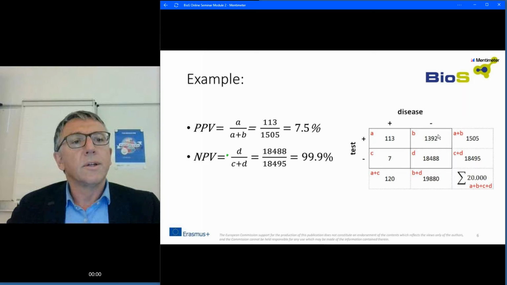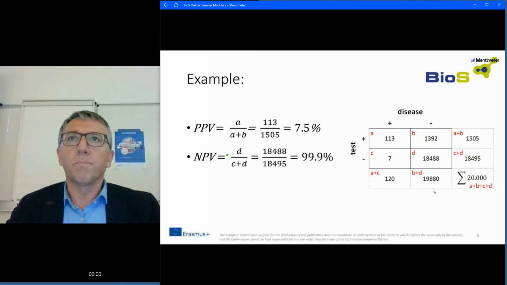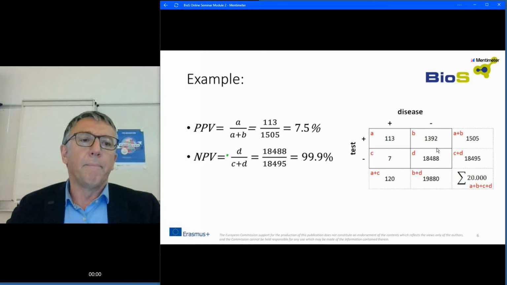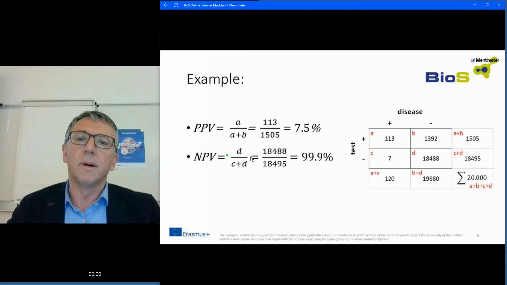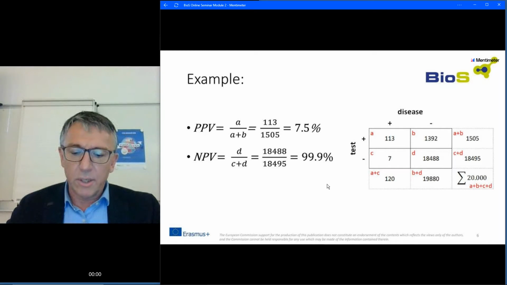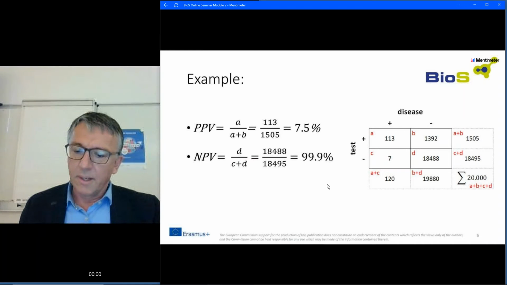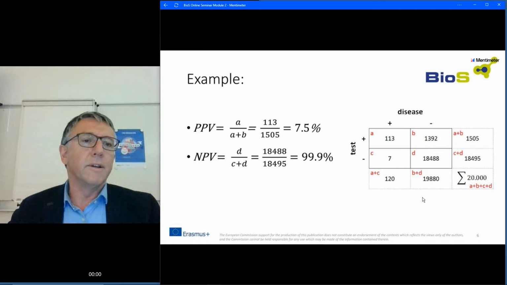So this would be the rate of 1,300 divided by those 20,000. So this would be approximately 7%. So the false positive rate would be 7% in this case. So quite similar to the positive predictive value. But there's another measure, which would be the false discovery rate.